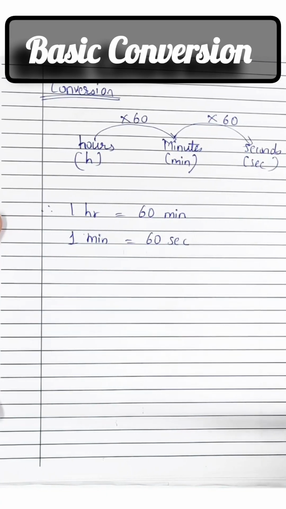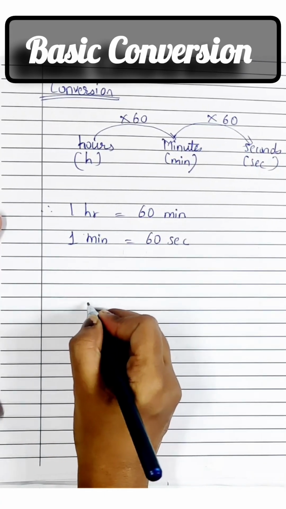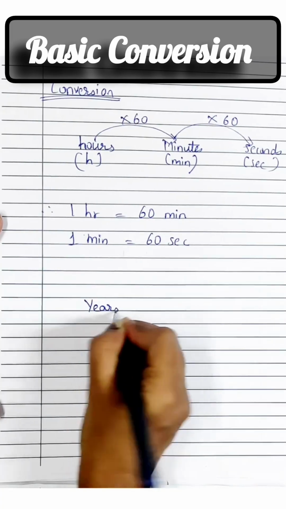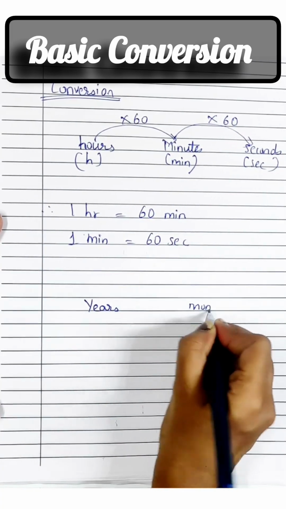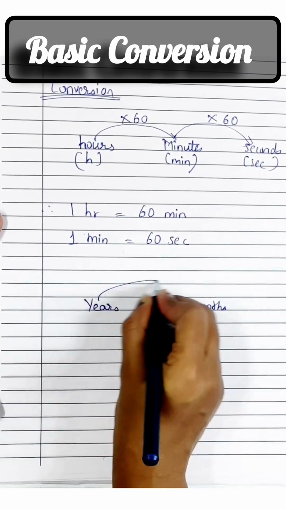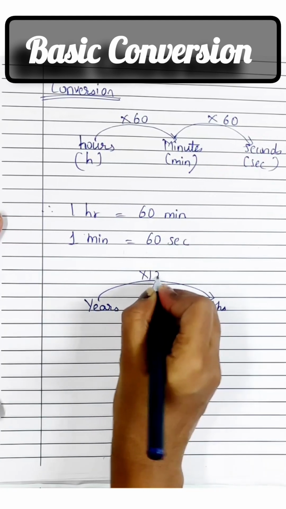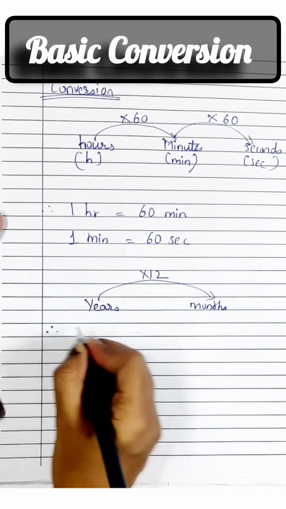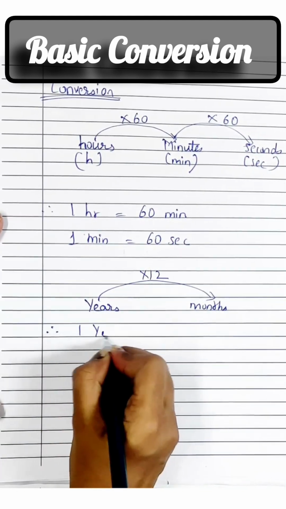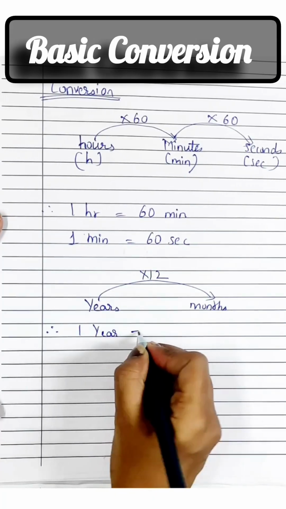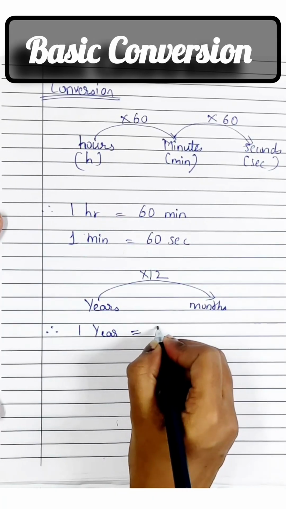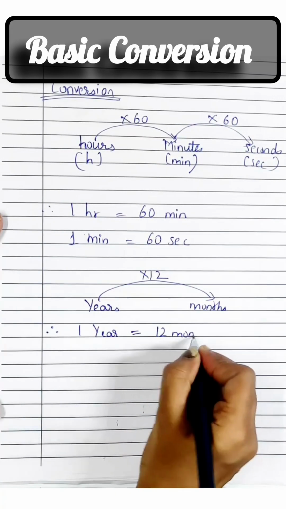Okay, same way, if you want to convert years into months, you have to multiply by 12. That is 1 year is equal to 12 months.